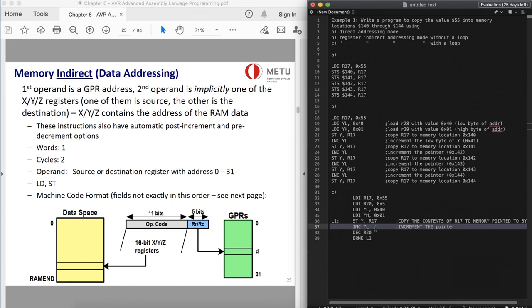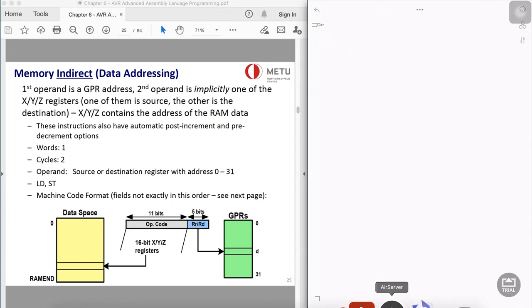Because if you are incrementing YL all the time, when you fill up the first 8 bits, it's not going to get that carry and pass it to the high byte of Y. So instead of having that, we can just use auto increment. I can draw this to show how we are interpreting that in AVR.